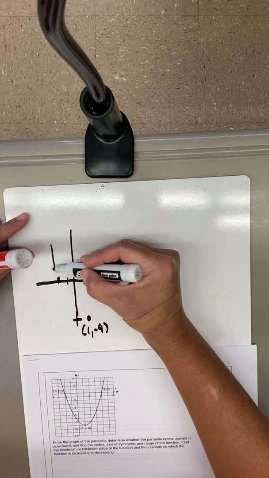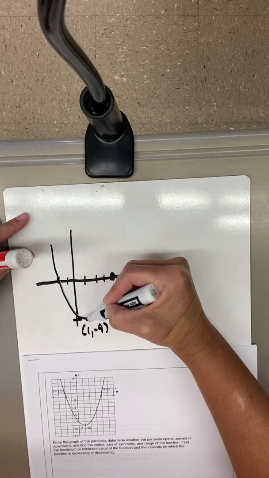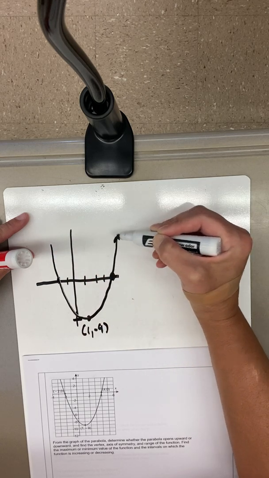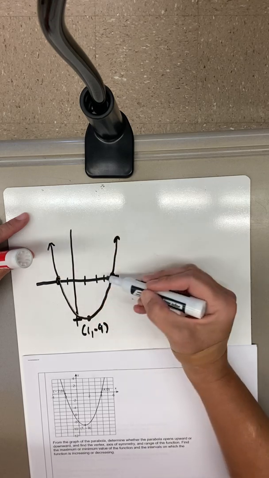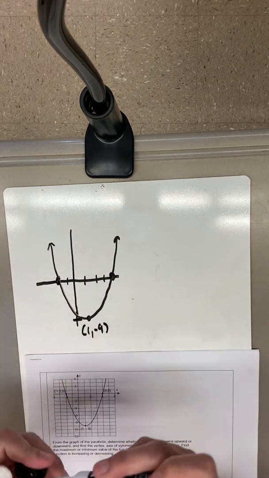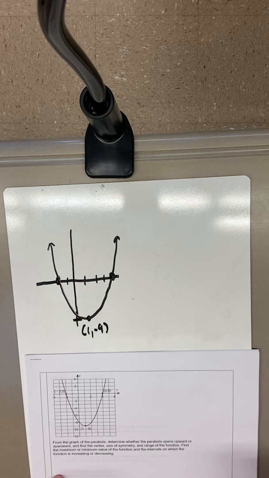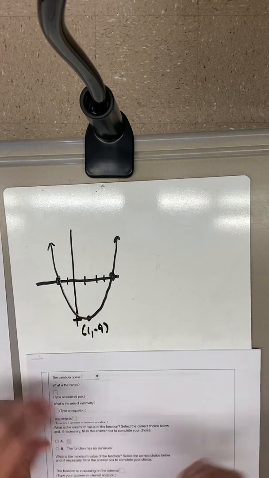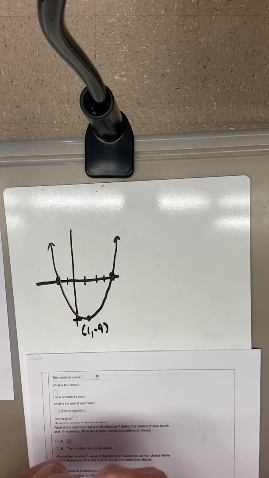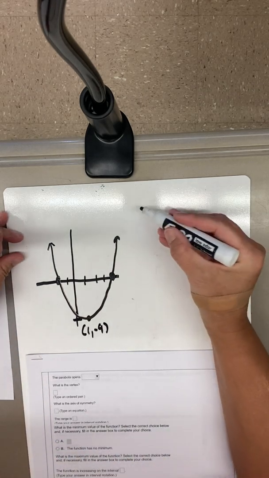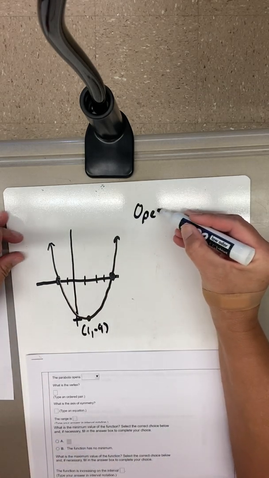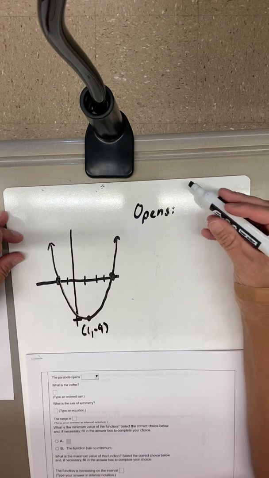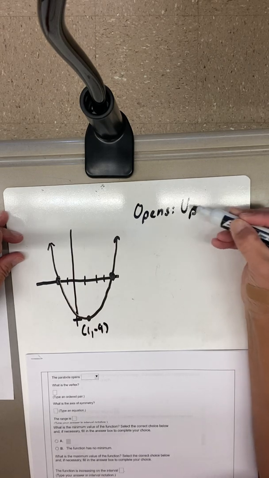And the parabola's doing a little something like that. Okay, so let's see which questions they want us to answer. All right, it says the parabola opens what? Well, it opens up. Hopefully we don't miss that. At least I got one right on the test.